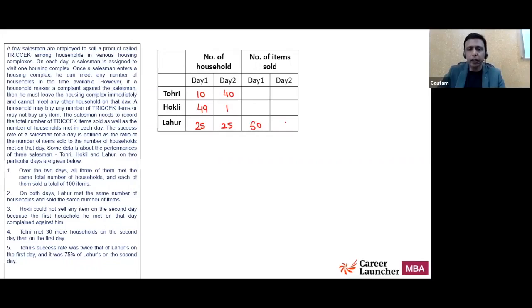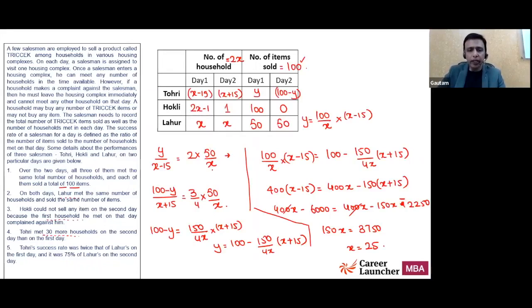That is the first equation. Then obviously if x is 25, we can understand what y has to be. We can substitute x as 25 here. That would be 4 into 10, 40. Substituting x equal to 25 here, y turns out to be 40.